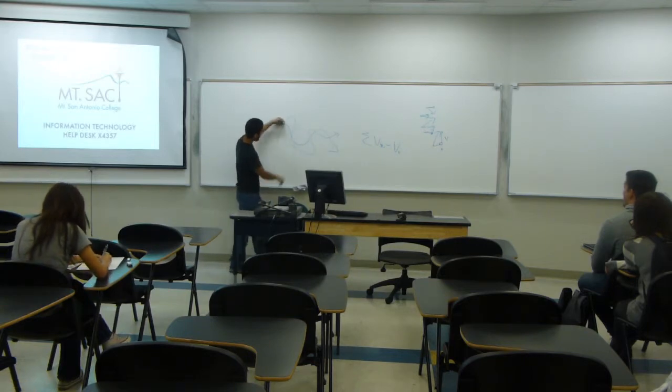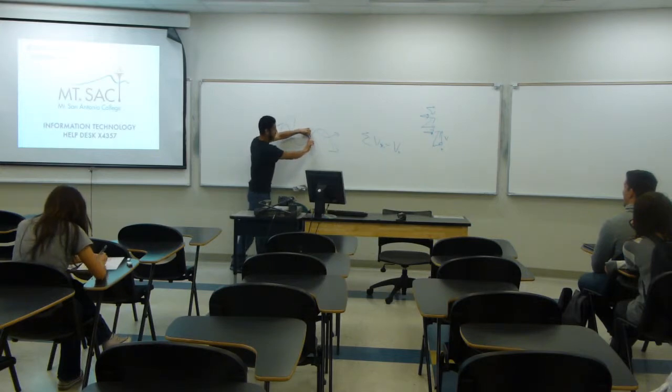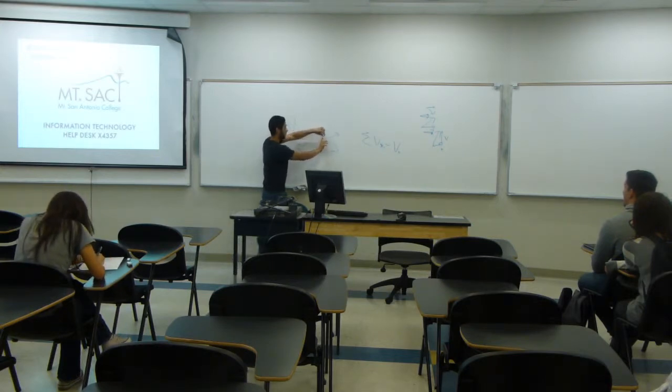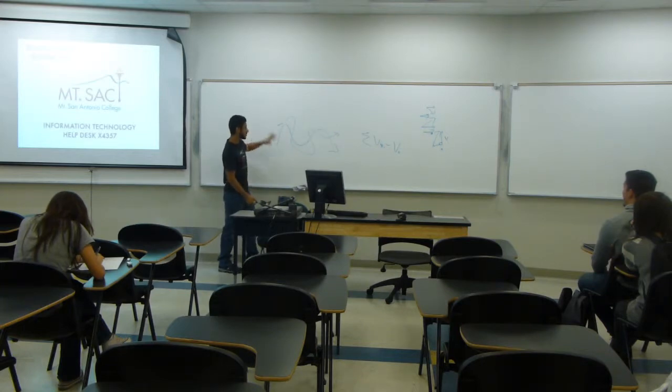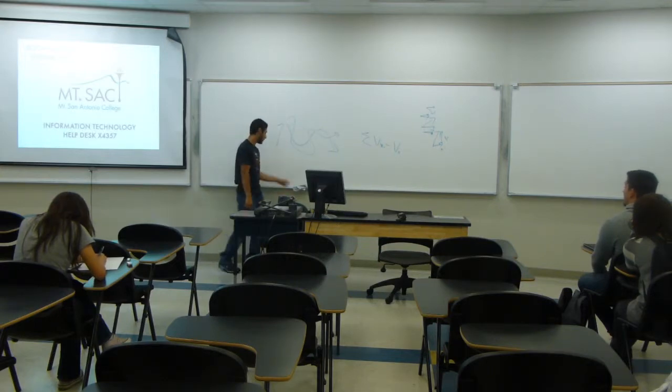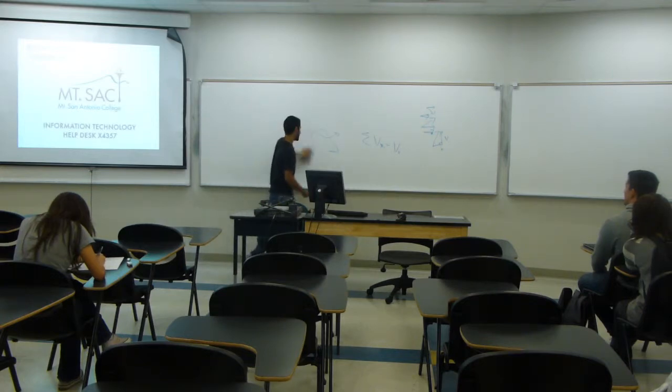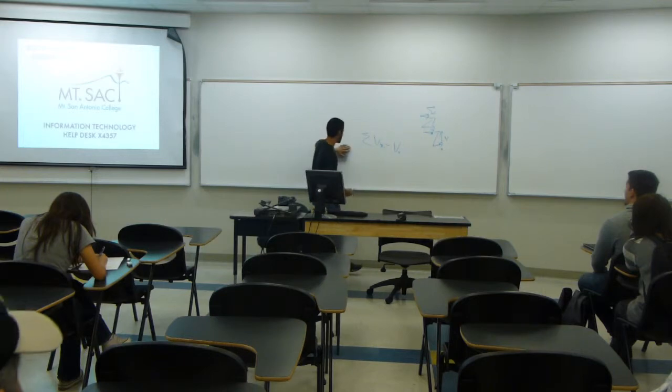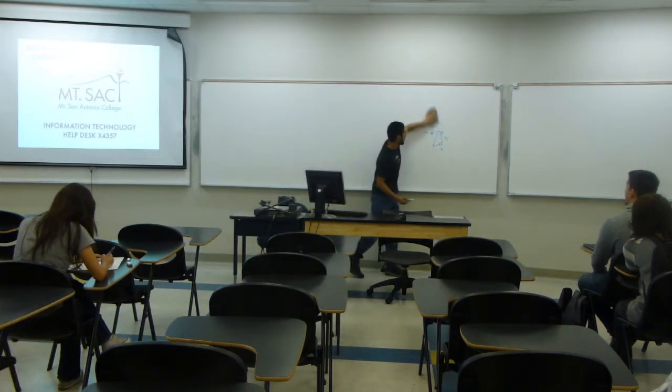If you see right here, there's a 90 degrees right there, right there, right there. So every vector that's possible on this board can be defined by this orthogonal vector, which defines the whole thing.